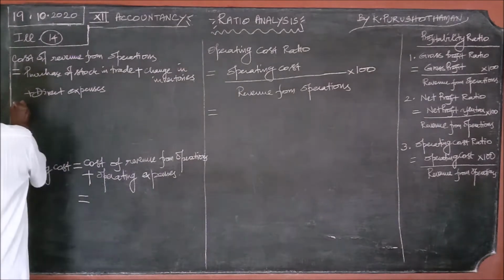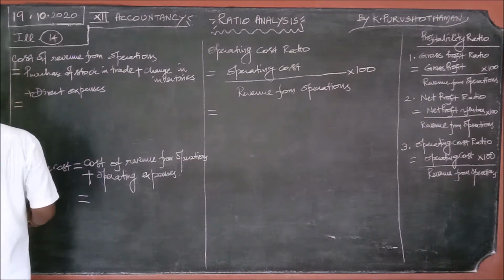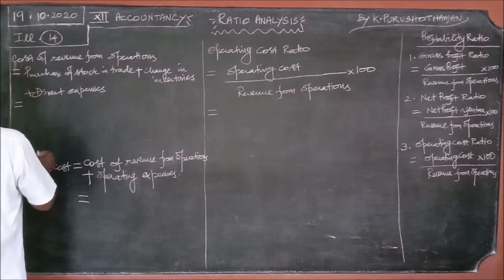So purchase of stock in trade, it is given in the problem 4,50,000.